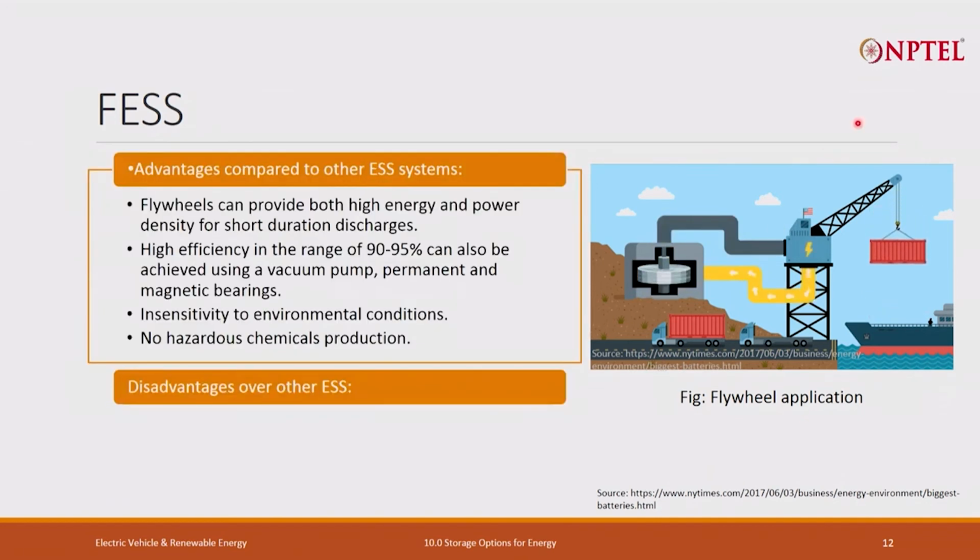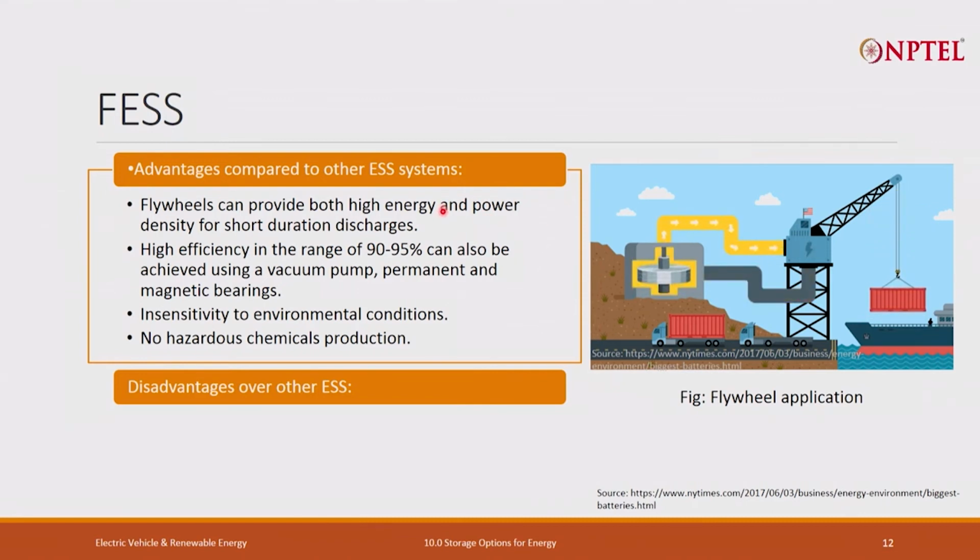What are the advantages? It can provide both high energy and power density for the short term. Because of power density, it is mostly used in frequency stabilization, because power density is a very important factor in frequency stabilization. It can reach an efficiency of 90 to 95%, but you have to employ much better techniques to minimize frictional forces.